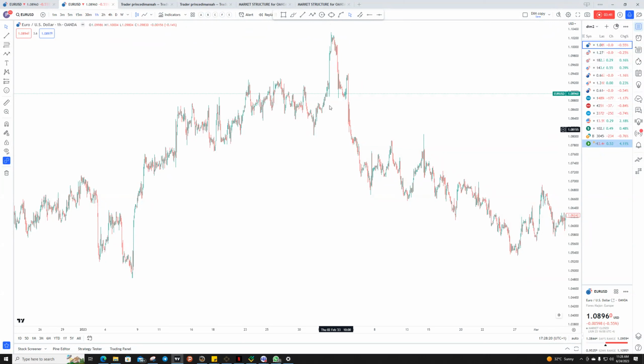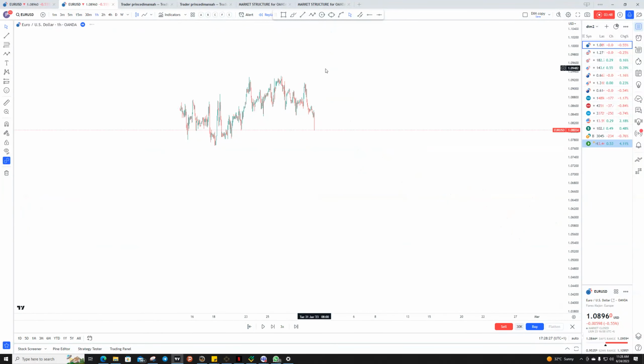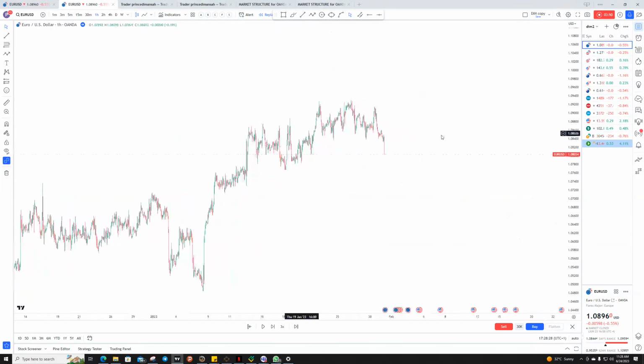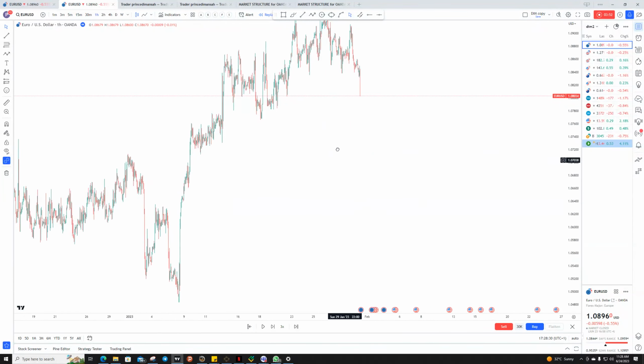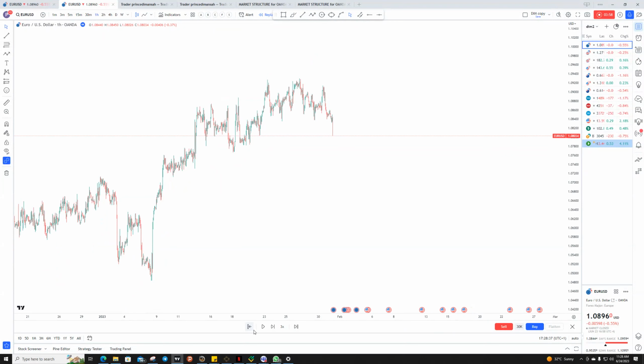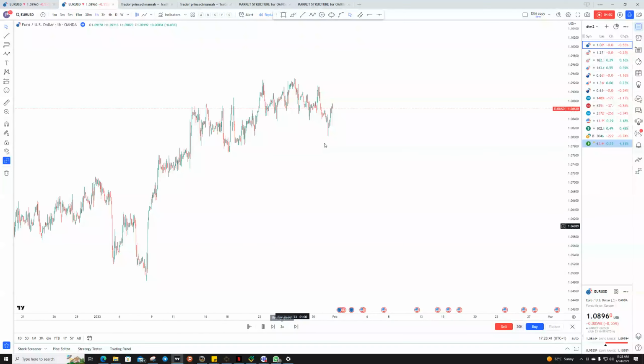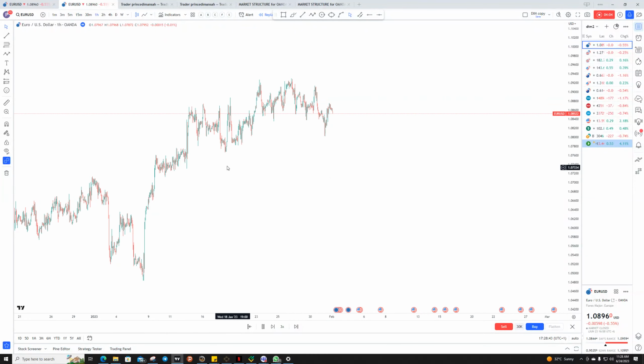This one, the market has already developed everything, so it's easy to find out. So I'm going to start right from here and mark it, and see how the market is moving. I'm going to play it, so it behaves as if it's a live market.